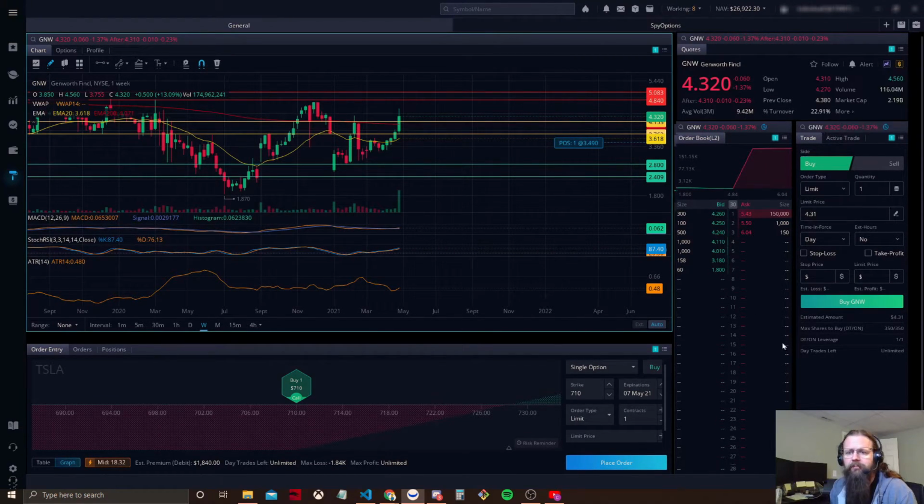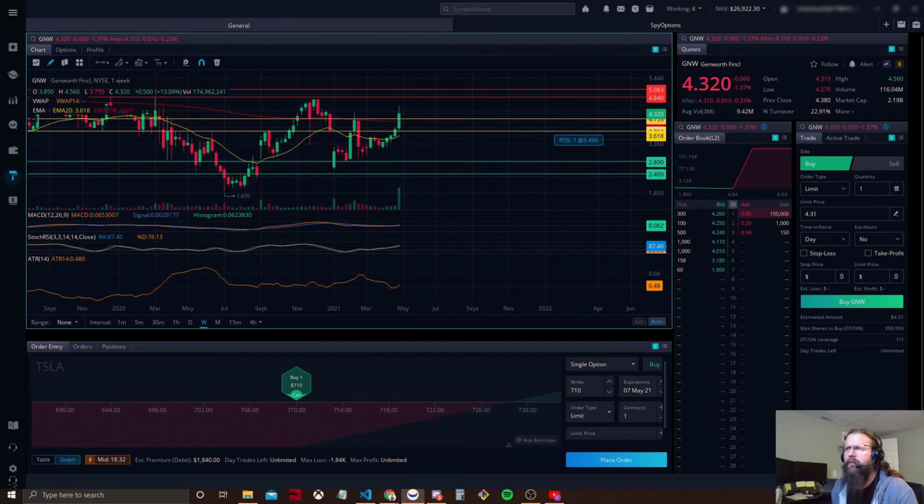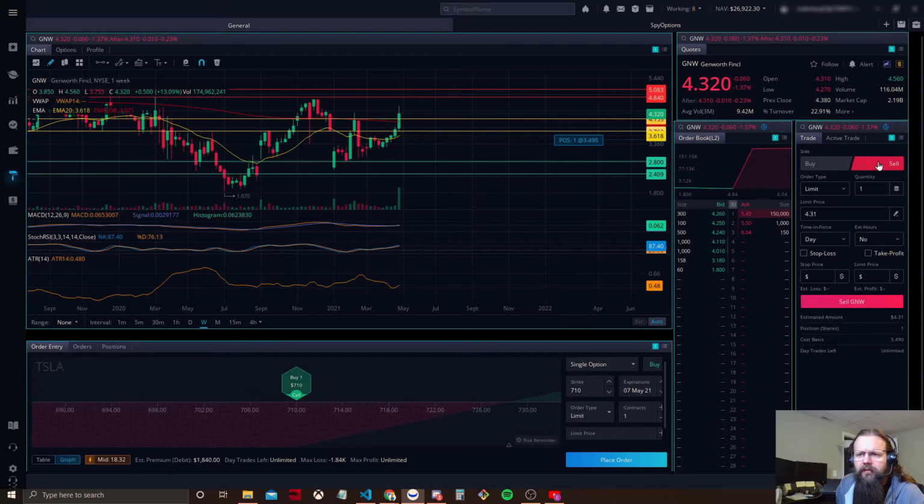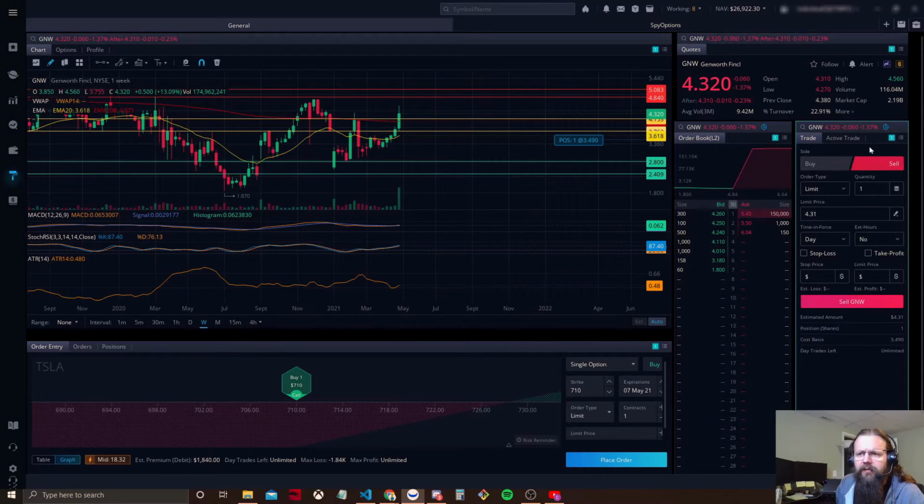Come on, Webull. Webull kind of glitches out on me when little panels like to move around. Sell, short. I don't see the short button. Maybe I don't have that up.